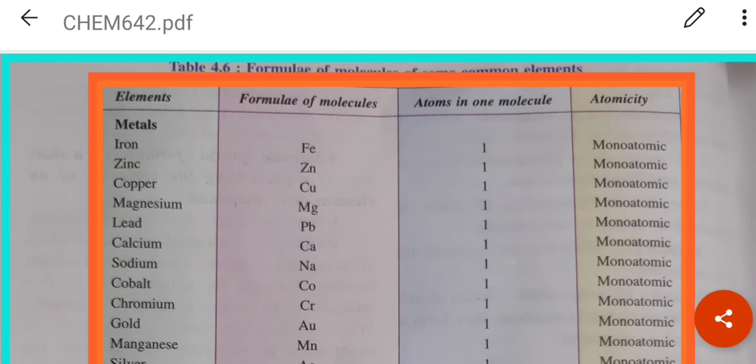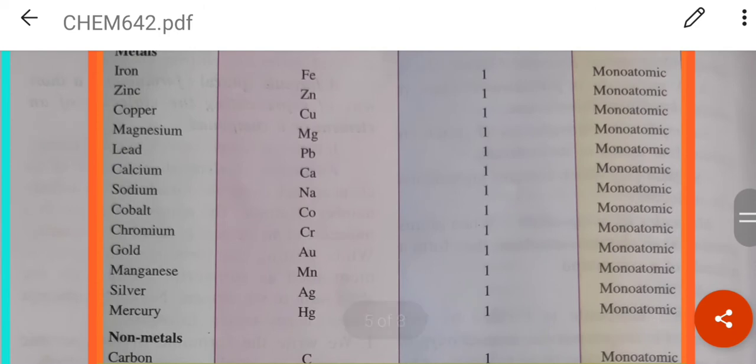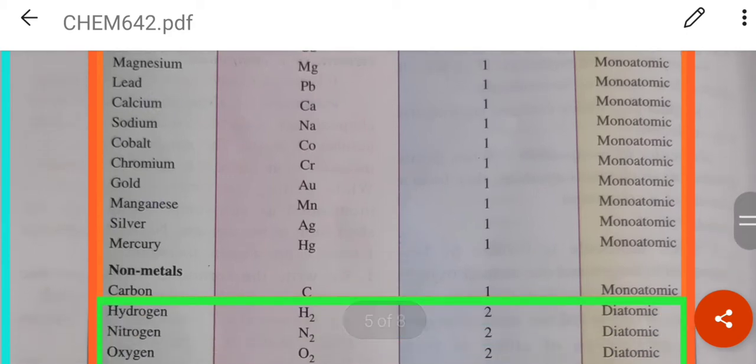But remember, the first letters are all capital and the second letter is small. Magnesium, Mg, lead, Pb, calcium, Ca, sodium, Na, cobalt, Co, chromium, Cr, gold, Au, manganese, Mn, silver, Ag, mercury, Hg.